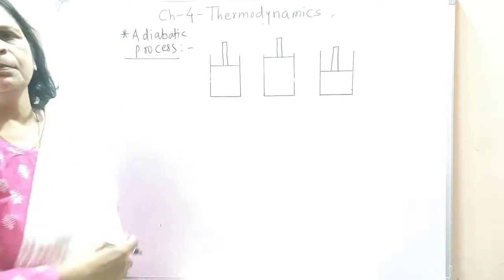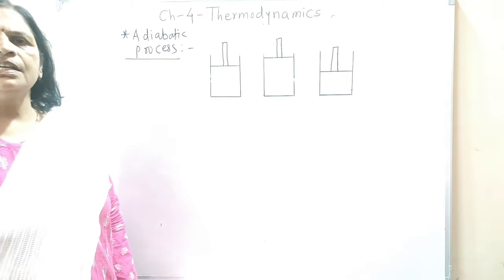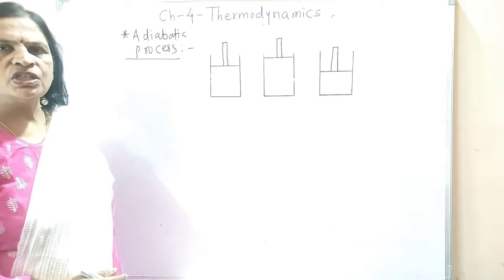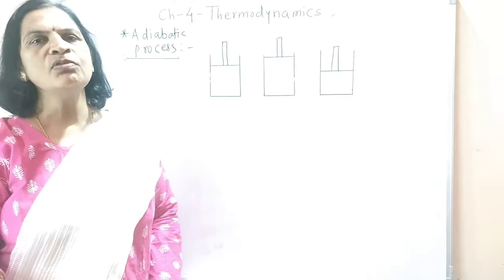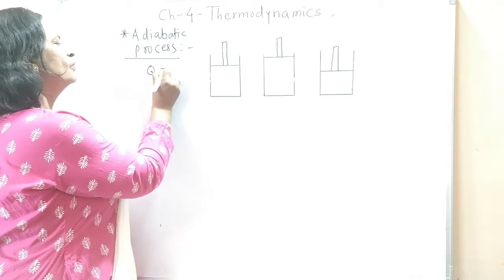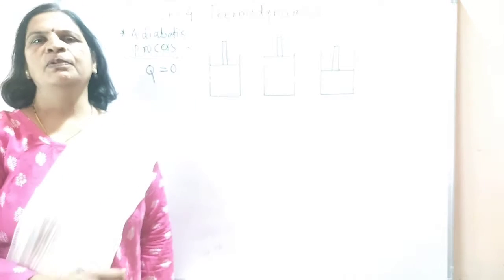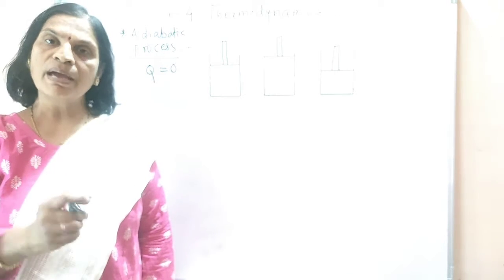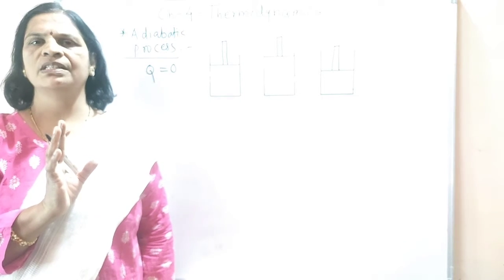What is adiabatic process? Adiabatic process is a process in which no heat enters or leaves the system. Means Q is equal to 0 for that process. This is an ideal process. It is an imaginary process and it is a very fast process.